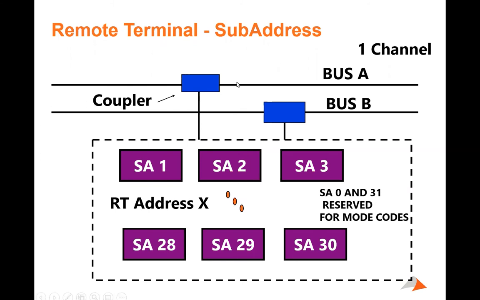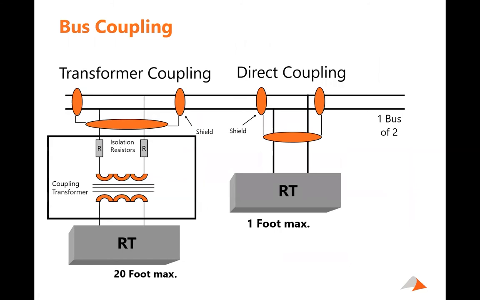So, a little bit of introduction to the architecture of the remote terminal. As I mentioned before, there's bus coupling. There were originally two types of bus coupling, one called direct couple and one called transformer couple. Early aircraft like the F-15 would have the RT tied directly into the data bus lines.